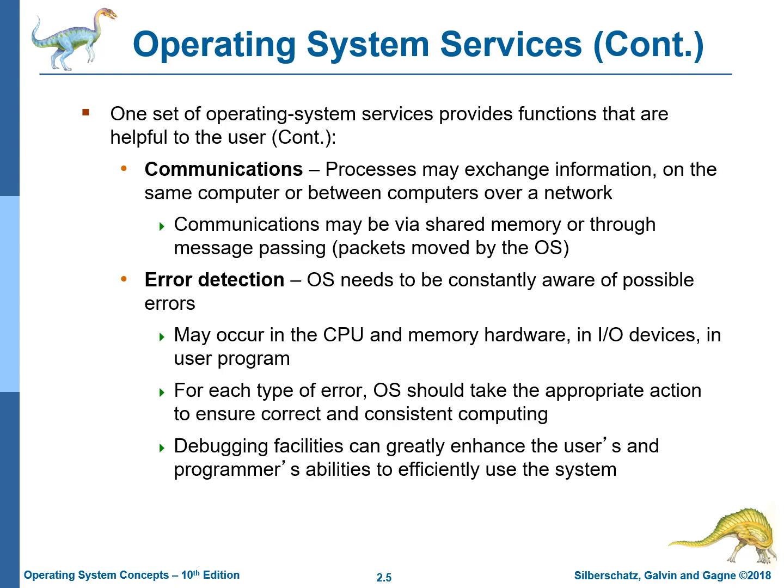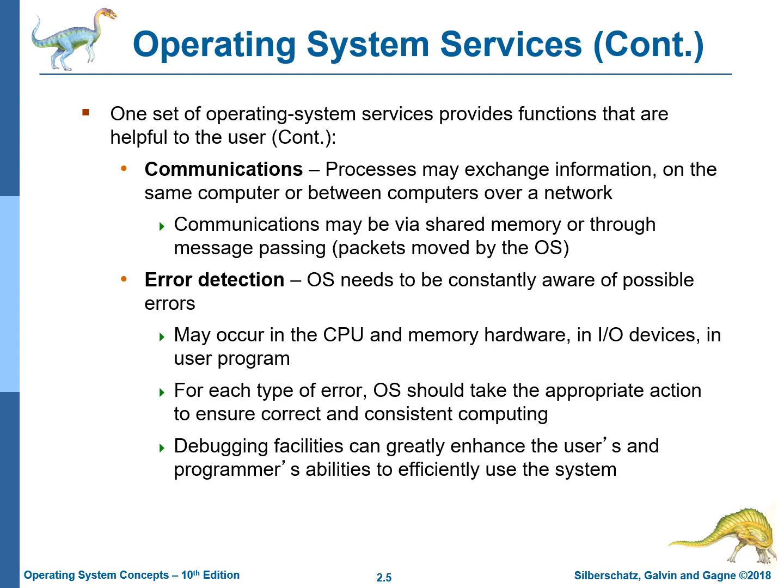Okay, continue. Communications. Processes may exchange information on the same computer or between computers over a network. Communications may be via shared memory or through message passing, packets moved by the operating system. Error detection. The operating system needs to be constantly aware of possible errors.